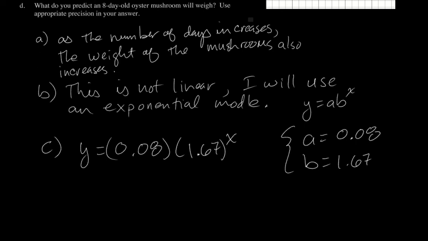So if I was to plug in x was 0, this A value right here, 0.08, would be the weight of the mushroom when it started to grow. And I don't have any idea what, I mean, they're not seeds, they're spores, but this is 0.08 of a gram. So I'd say that's probably small enough.